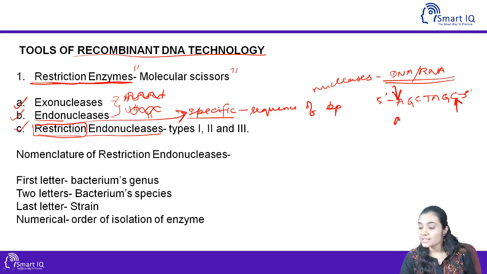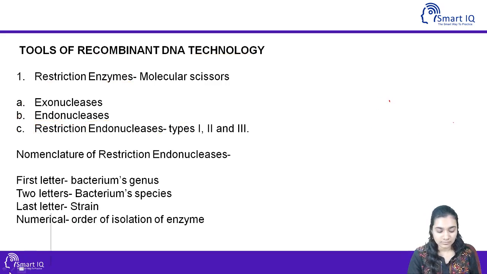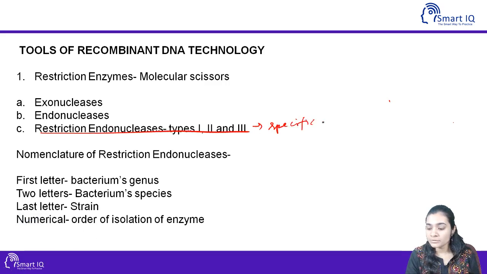Now there is another sequence called ACTG ACT. So do you think the restriction endonuclease cleaves this? No, it is not going to cleave it because it is sequence specific.